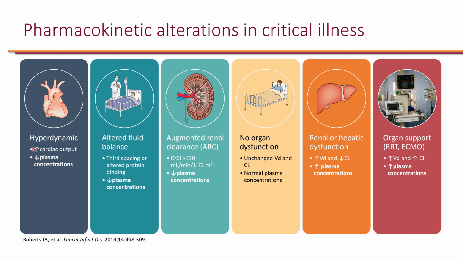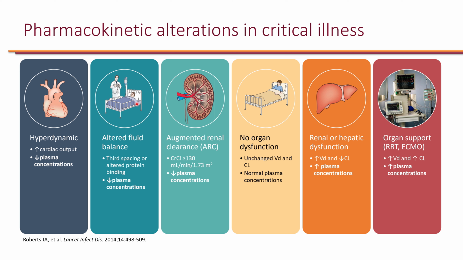If the cardiac output is increased, because we want to bring the blood pressure back to normal so the patient doesn't go into shock, or the patient is already in shock and we're trying to bring them out of shock, that can increase perfusion to other organs such as the kidneys, and can lead to increased elimination of the drug, so your plasma concentrations may be lower. This is something to consider, which means that in the ICU you may need higher doses of the drugs.